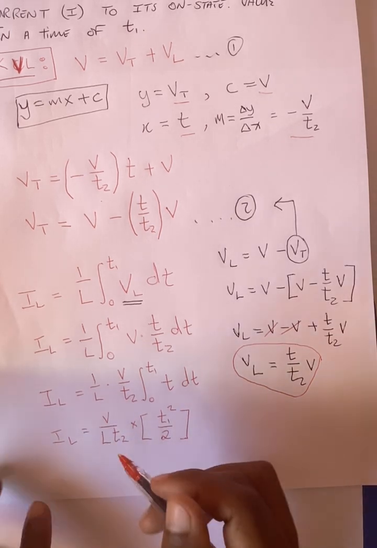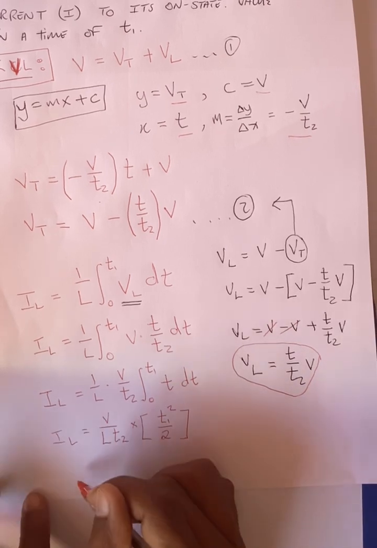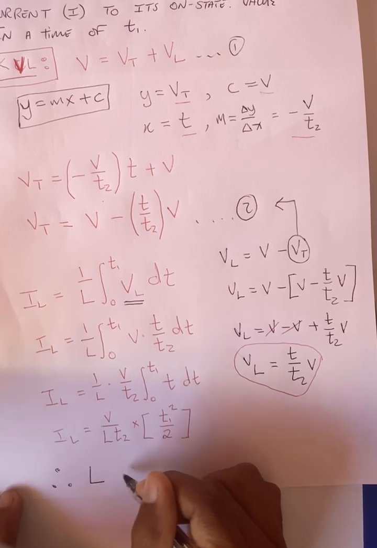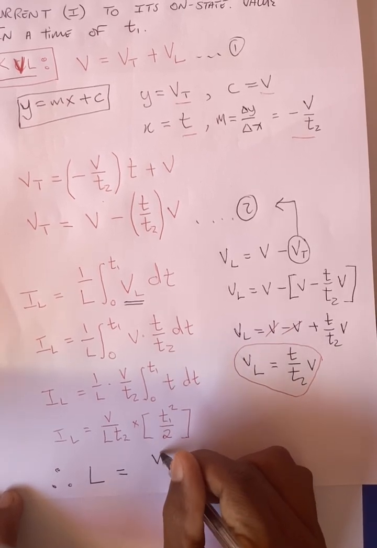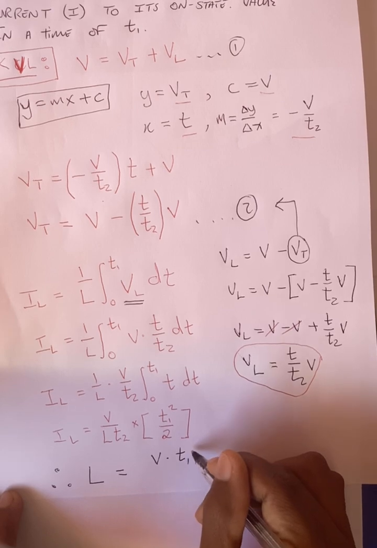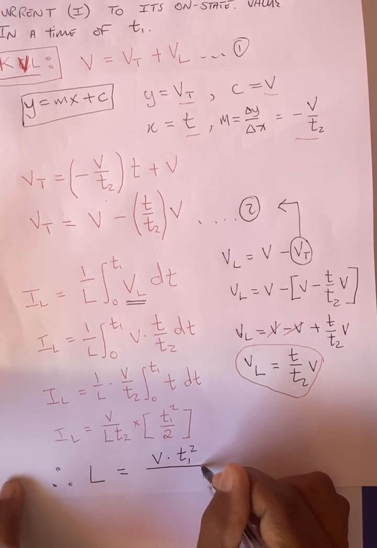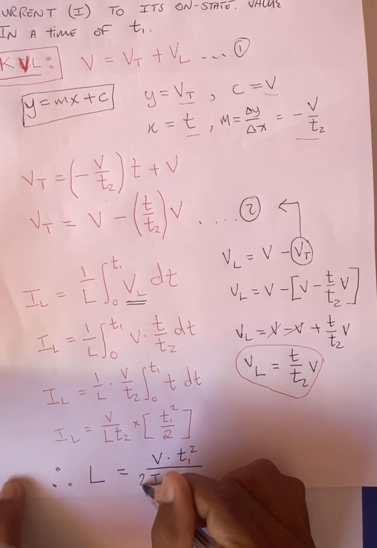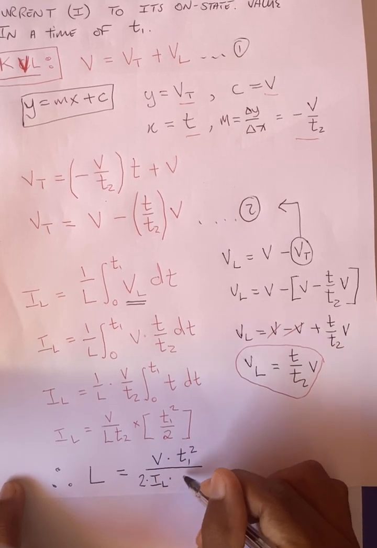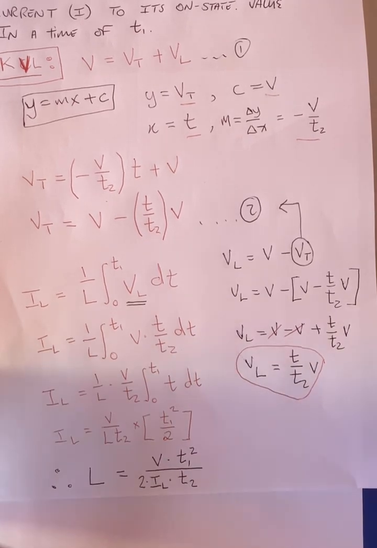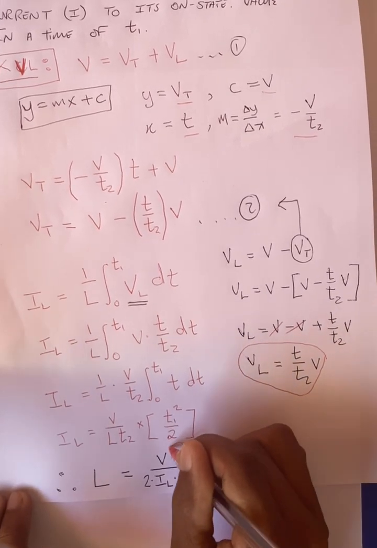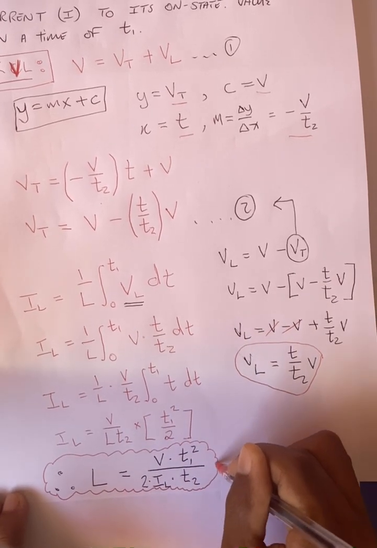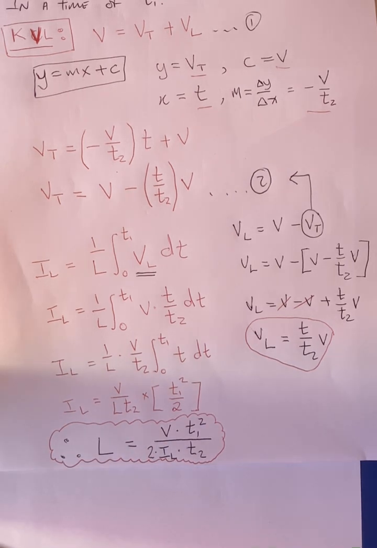So therefore, L is equal to V times t1 squared over IL times 2 times t2, and this expression is basically the answer to our question.